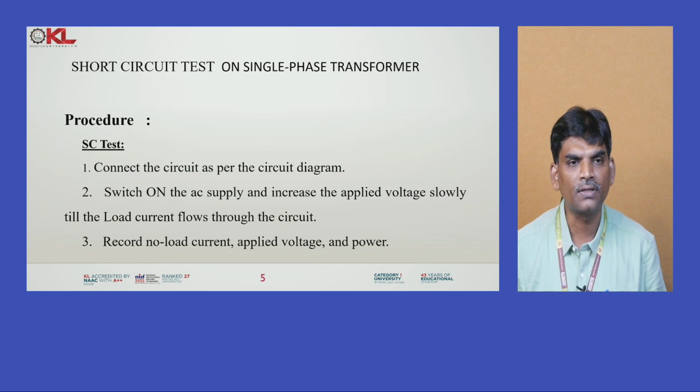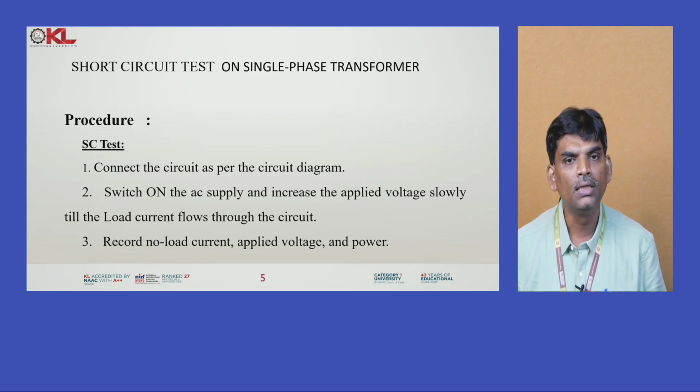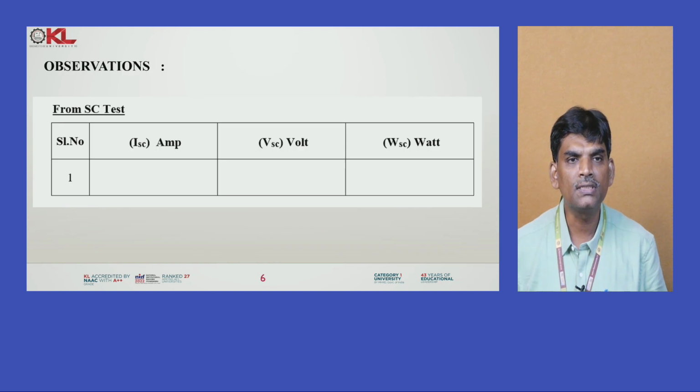Connect the circuit as per the circuit diagram, switch on the AC supply and increase the applied voltage slowly till the rated load current flows through the circuit, and record the current, the applied voltage and how much power is consumed. This is the tabular form for the observed values.